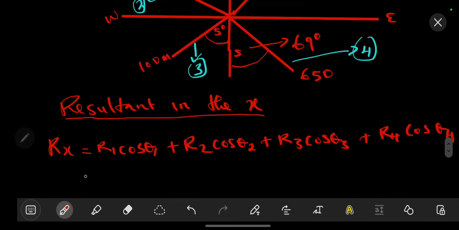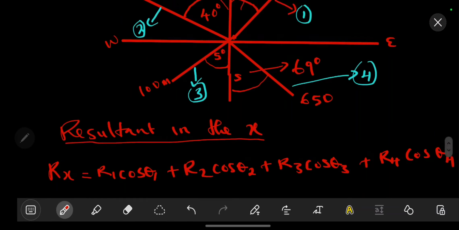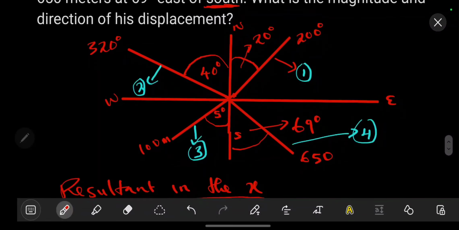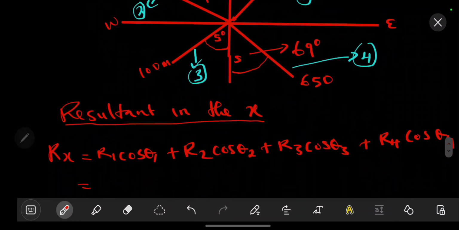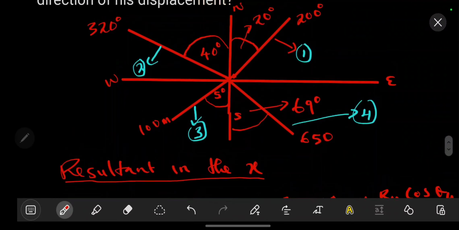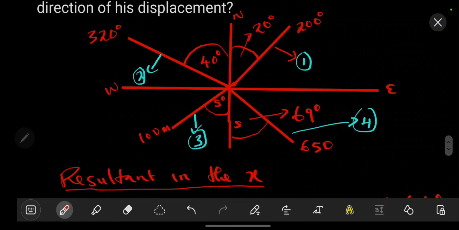So we have our r1. We know that our r1 is equal to 200 meters, not 200 degrees, but 200 meters. So we are going to say 200 meters. Then we attach the cosine of our angle. Now remember, our angle should be measured from the positive x-axis. So this 20 is not the one that we are going to use.